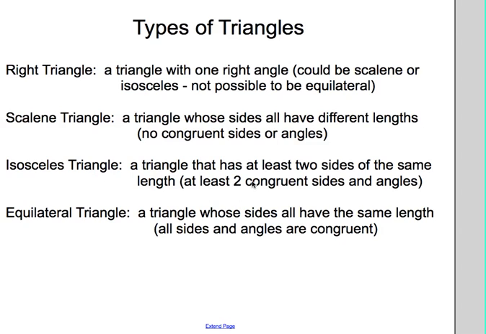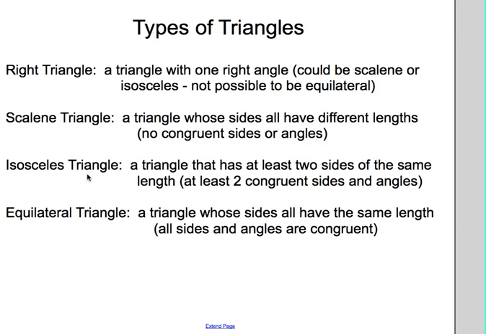Now notice how I said at least two? A lot of people don't realize this, but isosceles triangles can have more than two sides the same length, which means three sides the same length, which we know as an equilateral triangle. Yeah, it's kind of like that square rectangle thing.